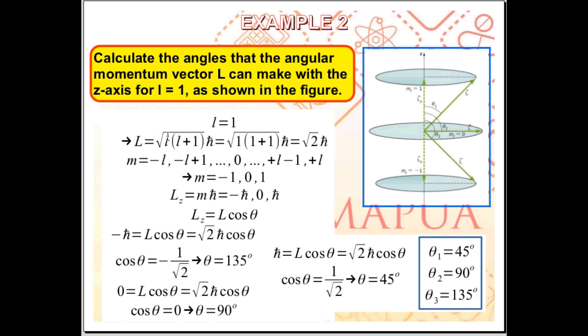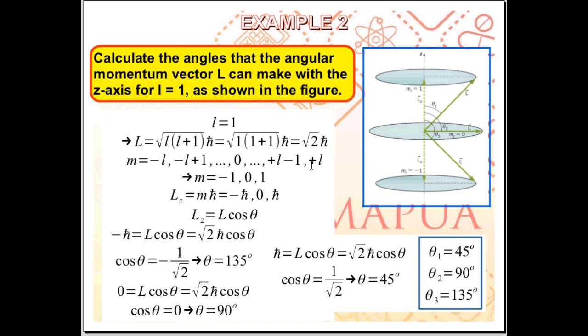Now, the angular momentum L is given by the square root of l times l plus 1, times h bar. Since l is equal to 1, substituting small l into the equation for capital L, the angular momentum is just equal to square root of 2 times h bar. Now, quantum number m is equal to negative l up to positive l.